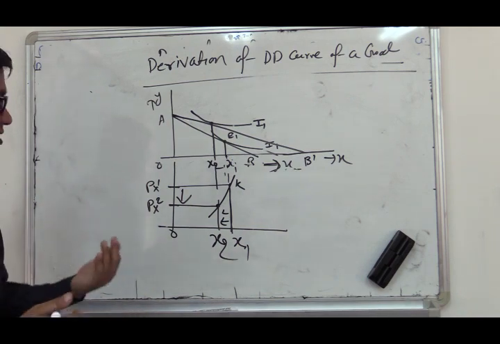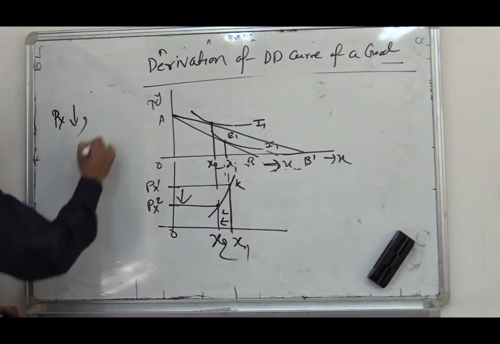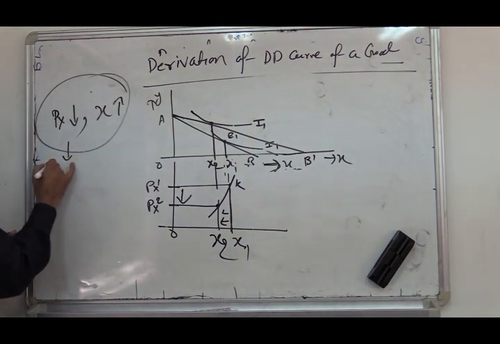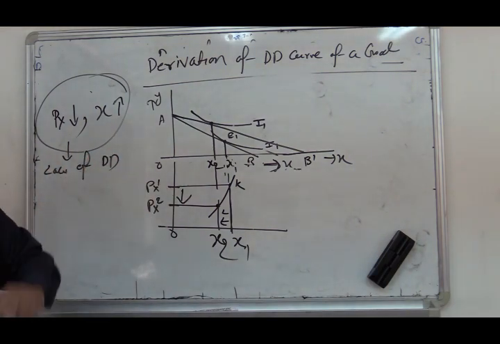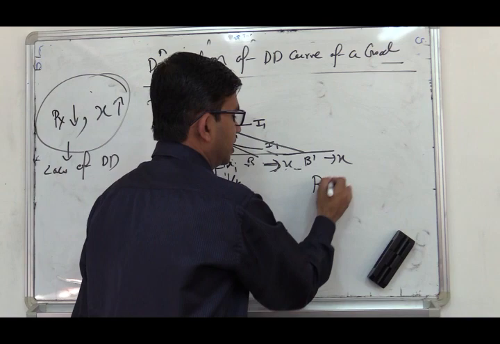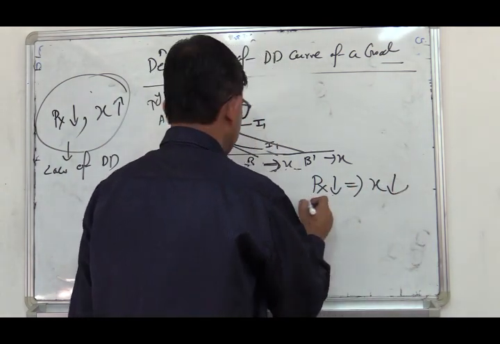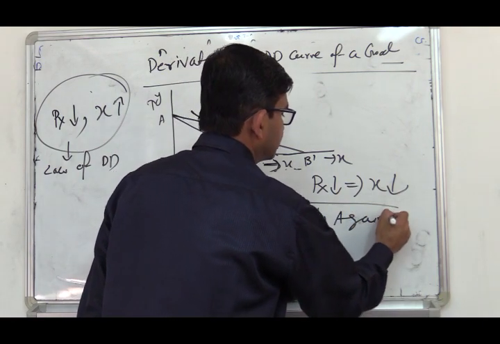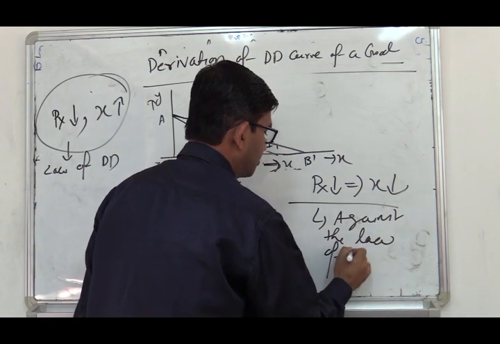For a normal commodity, what do we say? Other things remaining constant, if Px falls, the quantity of X will rise. So this obeys the law of demand. But in this commodity, what do we see? Px falls and consequently the demand for X falls. So this is against the law of demand.